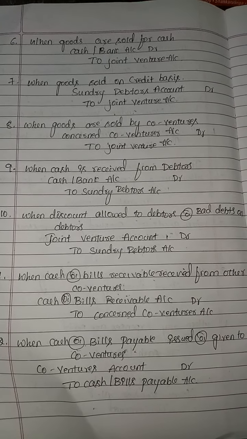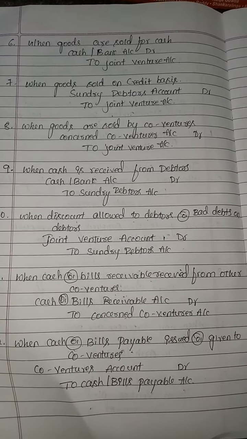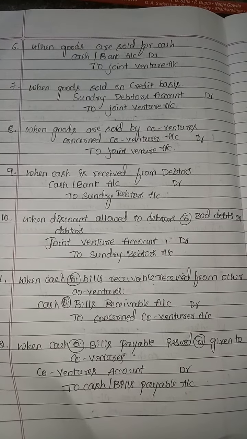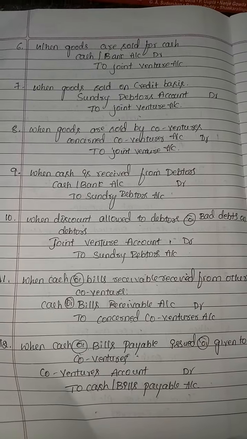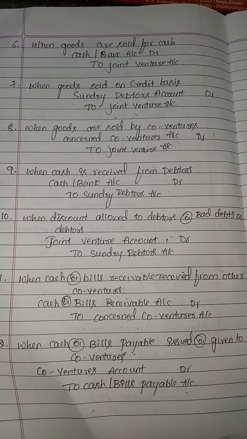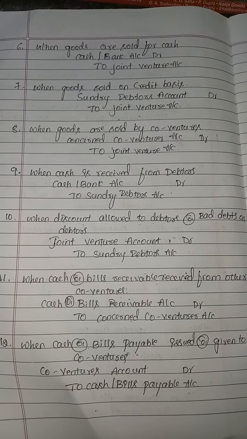The next situation, when cash or bills receivable are received from other co-venture. If any cash or bills receivable are received from the other co-venture, at that time the entry will be cash or bills receivable account debit to concerned co-venture account.